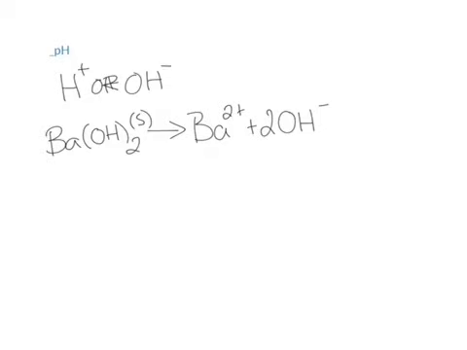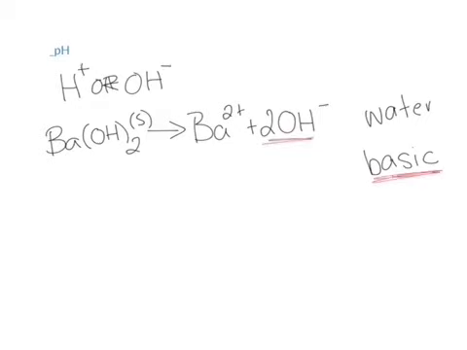So if you were to take barium hydroxide solid and put it into some water, pH 7, then this would dissociate into barium 2 plus and 2 hydroxide ions. Now what if we put it into a basic solution? Similarly to the last example with the silver chloride, we would already have some amount of OH minus in solution.